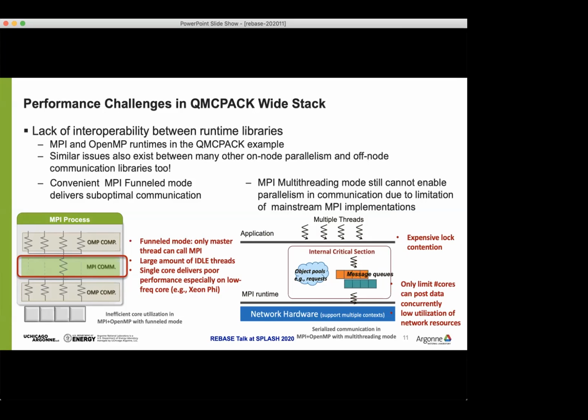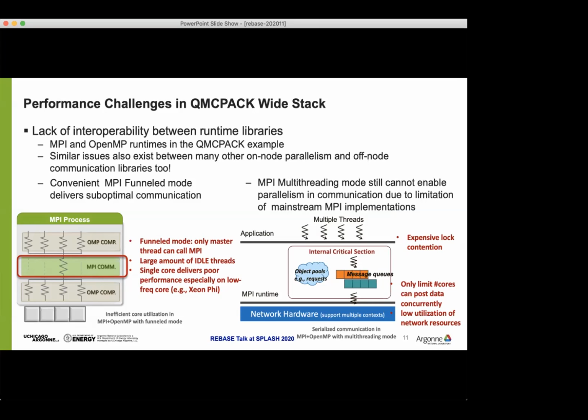There is some ongoing innovation in task-based models, for example in OpenMP. But now we are just showing what the dominant applications use. Okay, so what we find in communication is that since only a master thread is issuing the communication, most of the other cores are basically idle during network data transfer.